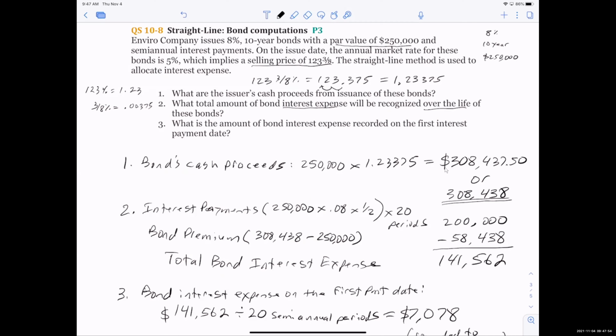Our cash proceeds of 308,438 minus what we have to pay back. This is what we received. This is what we have to pay back. And so our bond premium is 58,438. So we reduce our interest cost by that. So our total bond interest expense over the life of the bond is going to be 141,562.